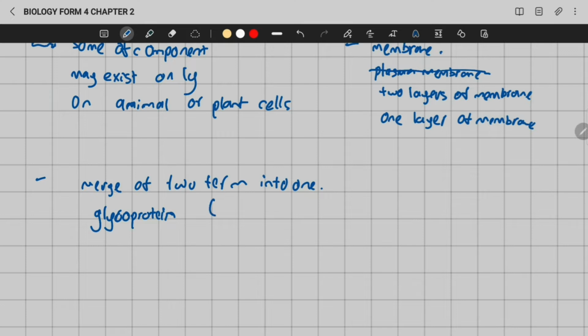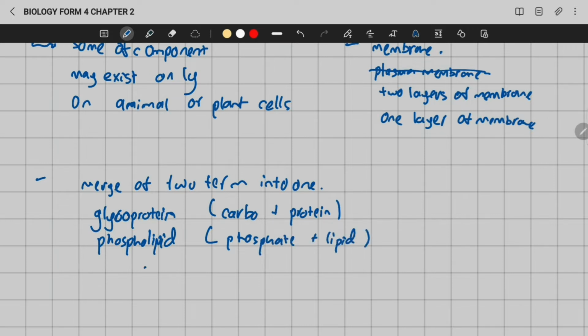But just to introduce you to the usage of this merged term, glycoprotein stands for carbohydrate plus protein. We have another such as phospholipid. This you will learn more in chapter 3, but I want to introduce to you phosphorus plus lipid, phosphate plus lipid, and many more.